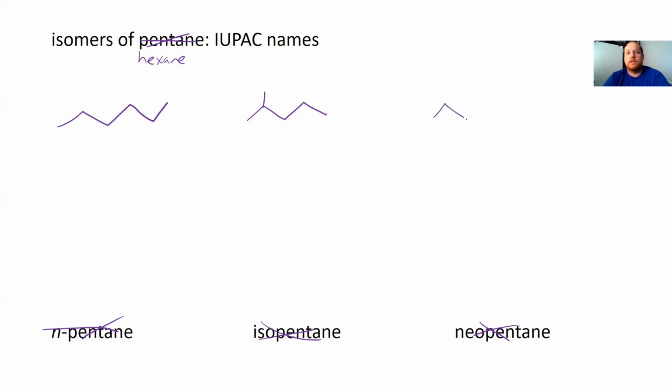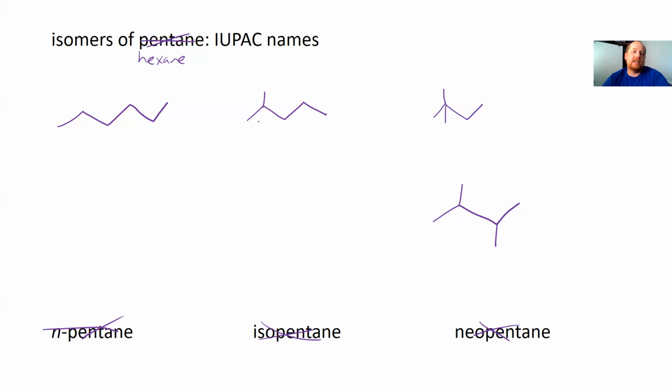So 1, 2, 3 lines gives us 4 carbons in a row with a methyl group here and a methyl group there. Then I'm going to take that methyl group that I just moved and put it on the next one. So we've got 1, 2, 3, so 4 carbons, 1 methyl here and 1 there. Those are looking pretty good. So here are some isomers of hexane.